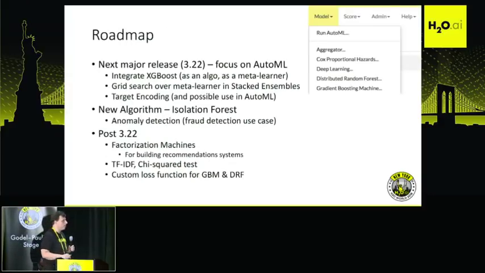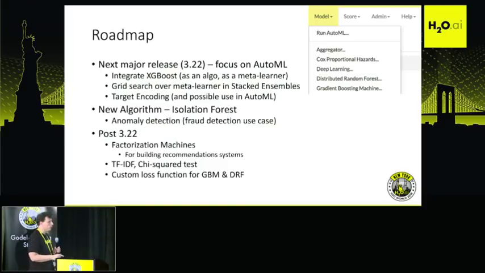Now I would like to talk about the future releases, and we want to focus more and more on AutoML. As I said, we want to integrate XGBoost, and the integration should be as an independent algo in the stack of models that we are building, but we also want to enable it as a meta learner.